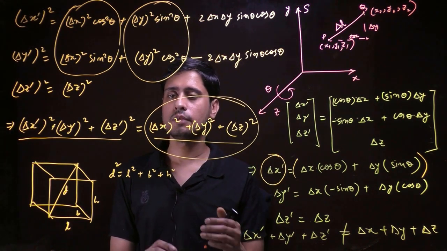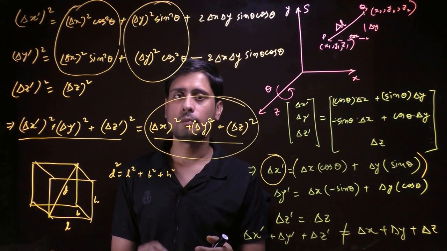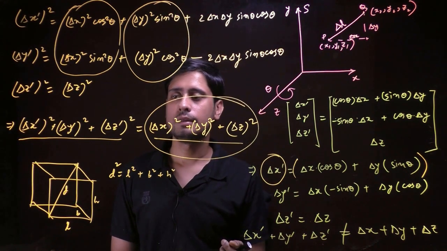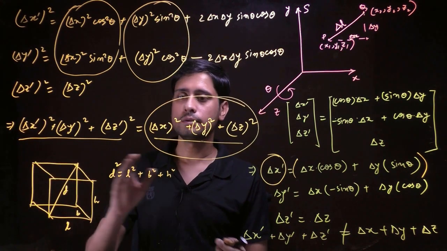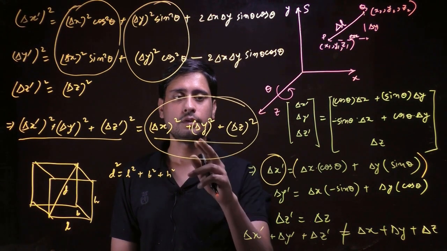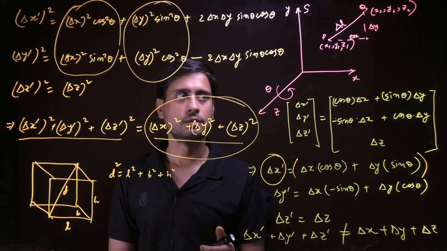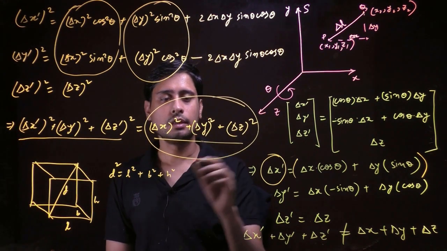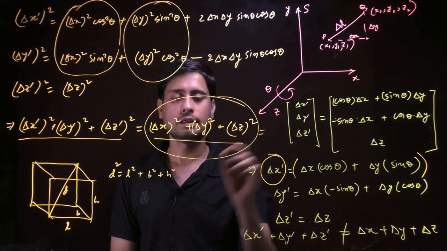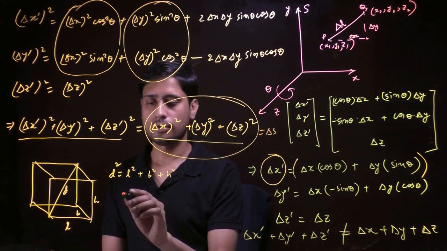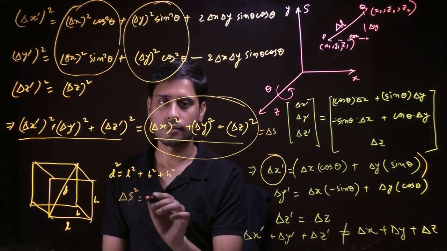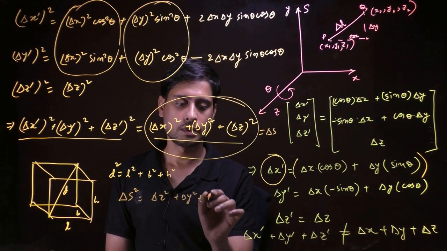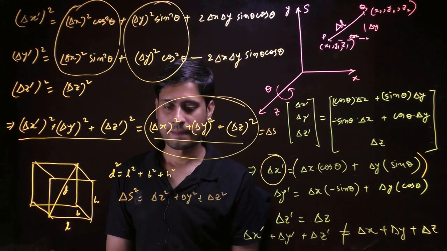So the invariant quantity must come from a combination of these components, and we saw that this is equal to delta x square plus delta y square plus delta z square. So in a three-dimensional system, this is your invariant quantity, and we call it delta s. So delta s square equals delta x square plus delta y square plus delta z square.